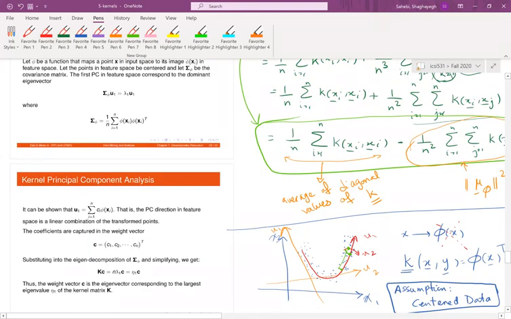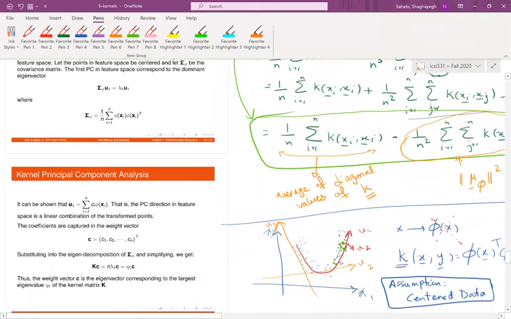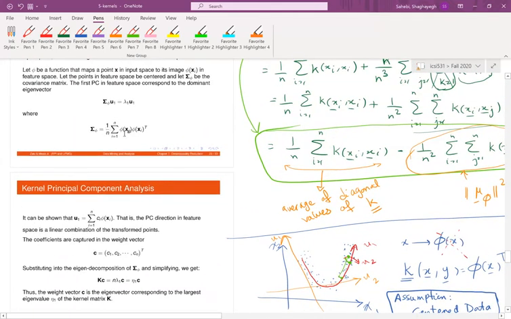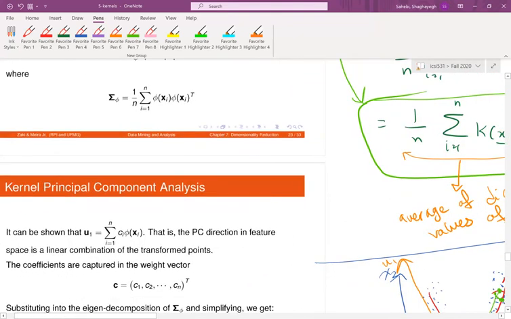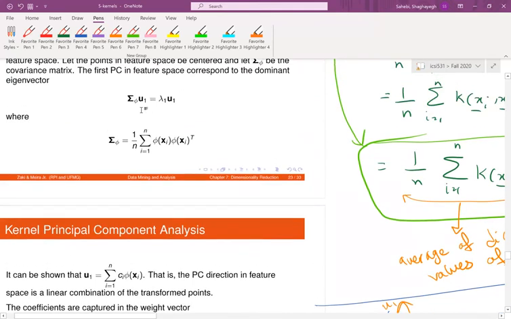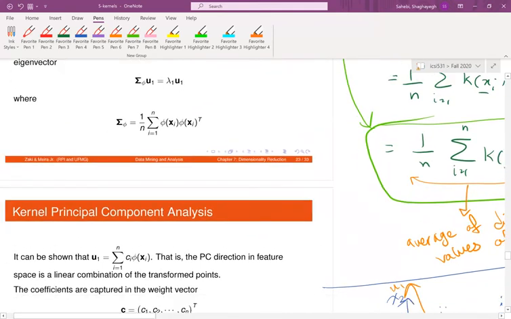Then we found the covariance matrix formulation and substituted it into this eigenvalue eigenvector decomposition.